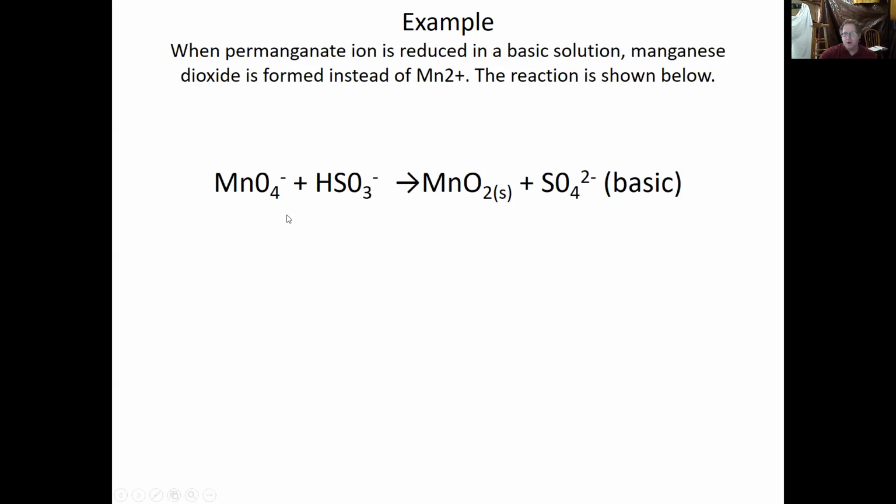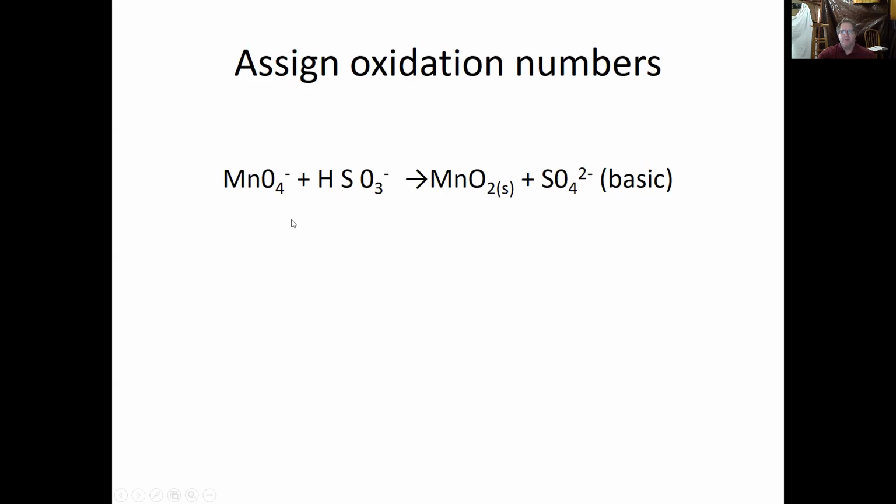So where do we need to start? Assign oxidation numbers. Okay, so let's do that. Now, I'm not going to go through these right now one by one. If you have questions, feel free to shoot me an email or ask about that. But manganese has a +7, oxygen a -2, hydrogen +1, sulfur +4, oxygen -2, +4 for the manganese here, -2, +6 for the sulfur here, and -2 for the oxygen there.